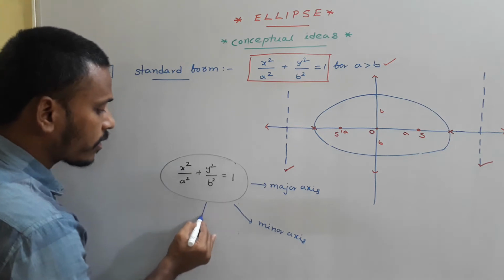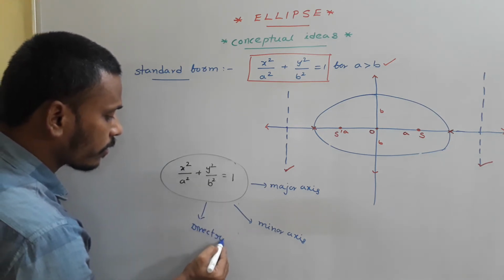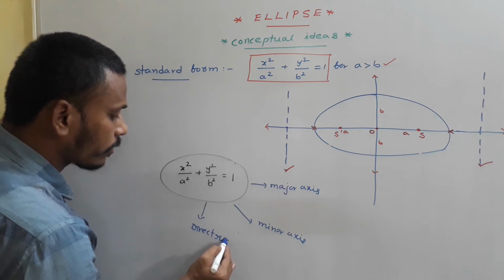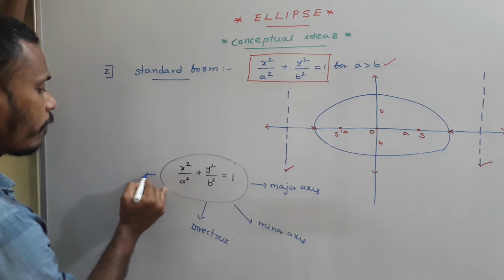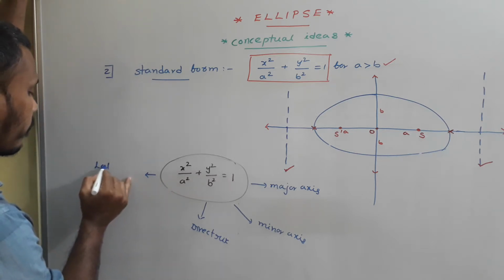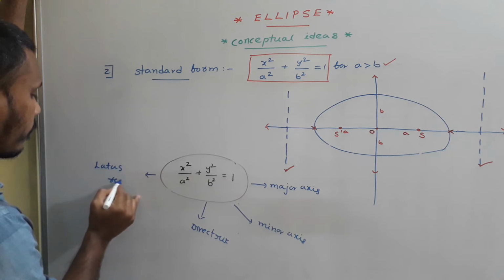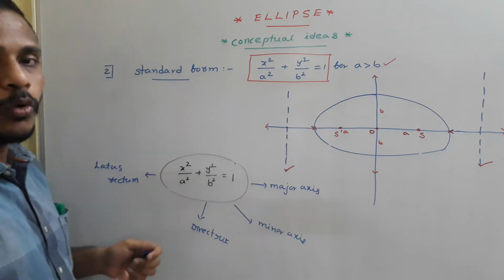The next thing is the directrix. And one more thing we need to identify: the latus rectum. At least these points we need to identify.